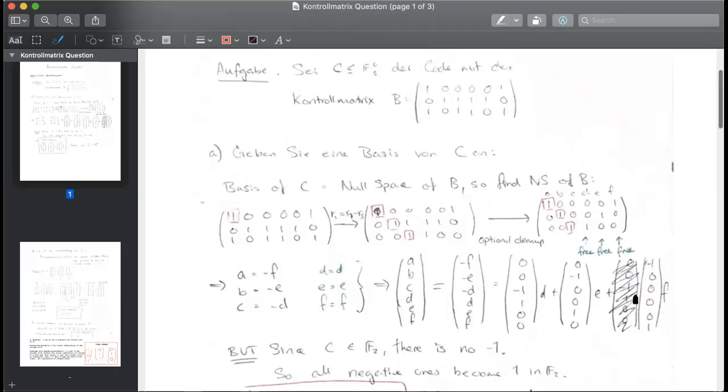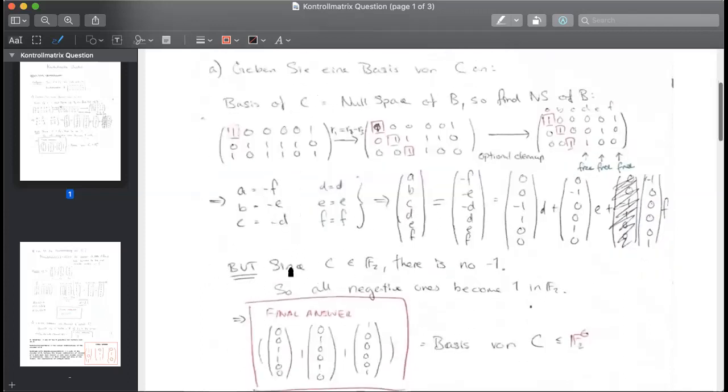Now I want to point out something that's very important: all these matrices, B, C, whatever, are defined over F2. F2 means the set of 0 and 1 only, so we don't have a -1 in F2.